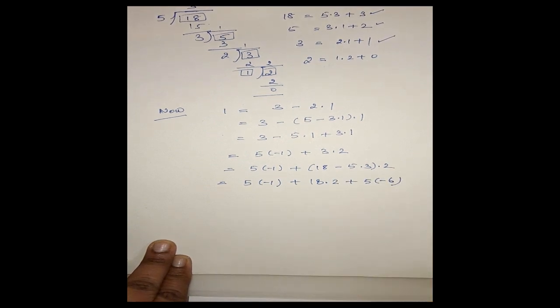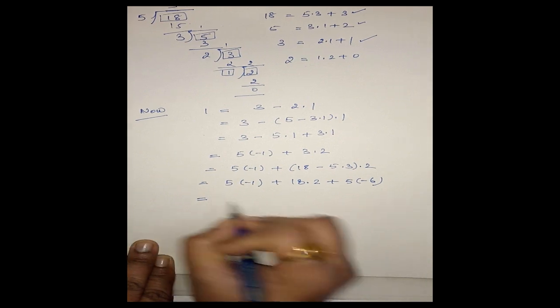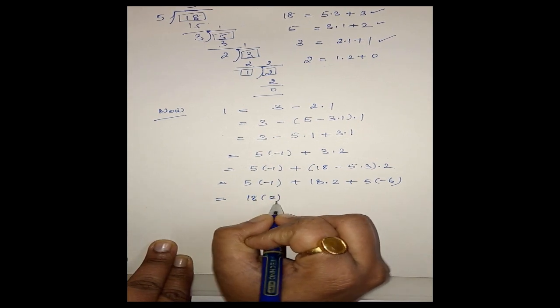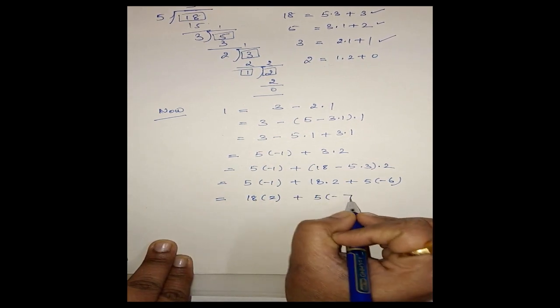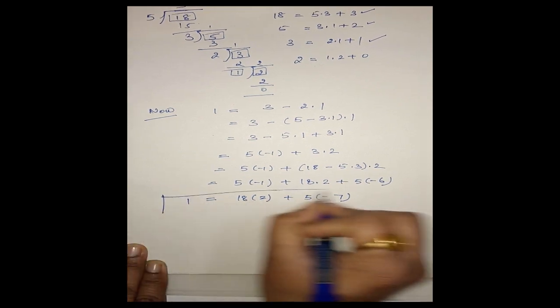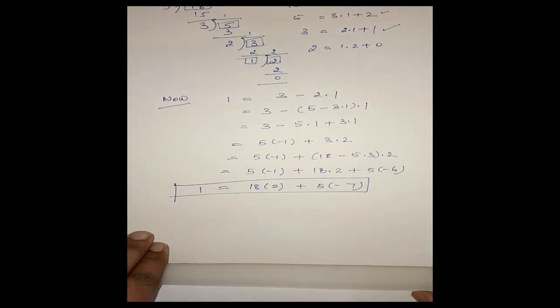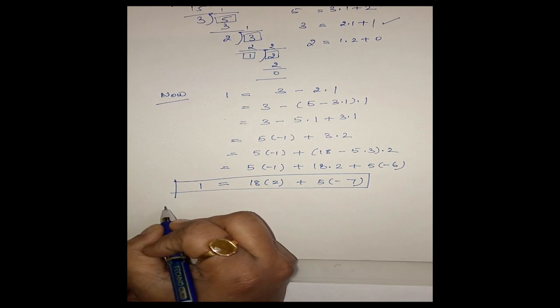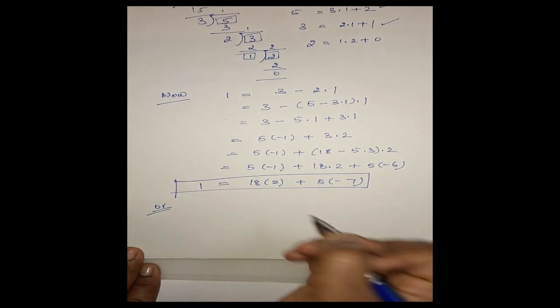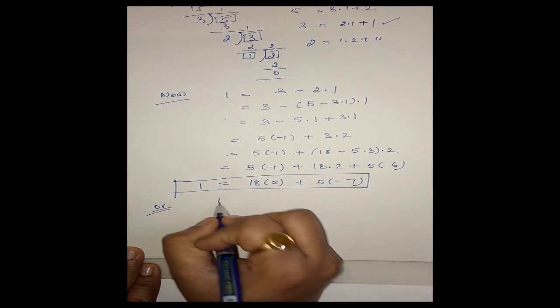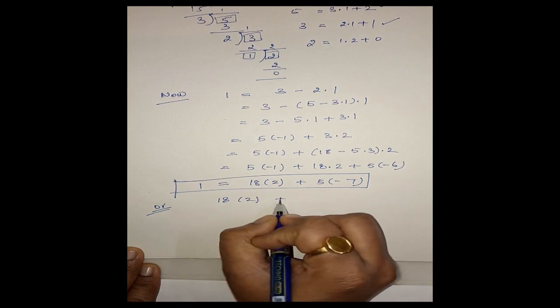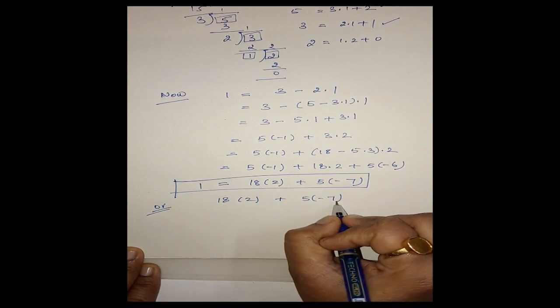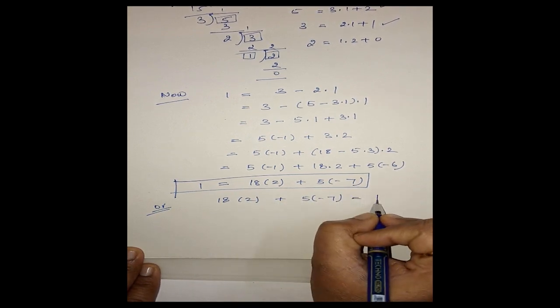This is the same as 18 into 2 plus 5 into minus 7. This is how we express the GCD. Or I can write it like this: 18 into 2 plus 5 into minus 7 is equal to 1.